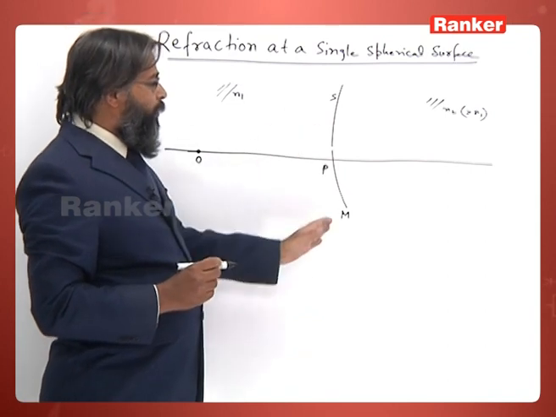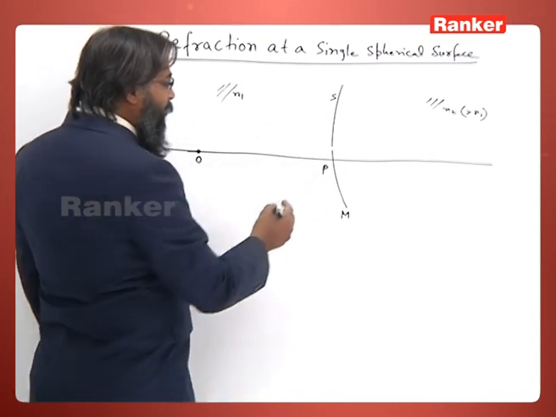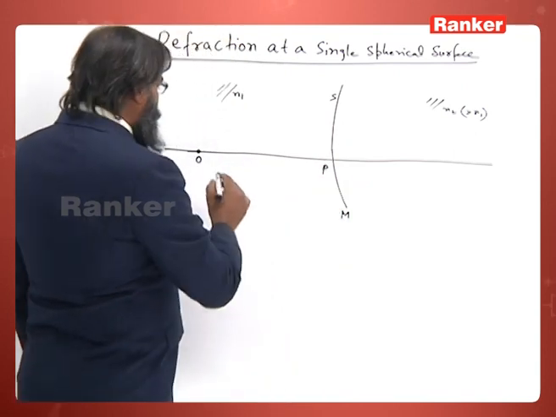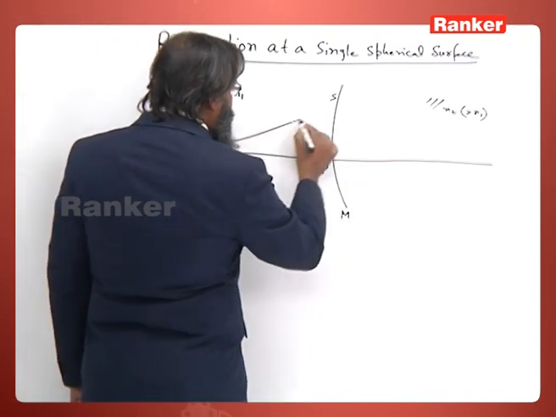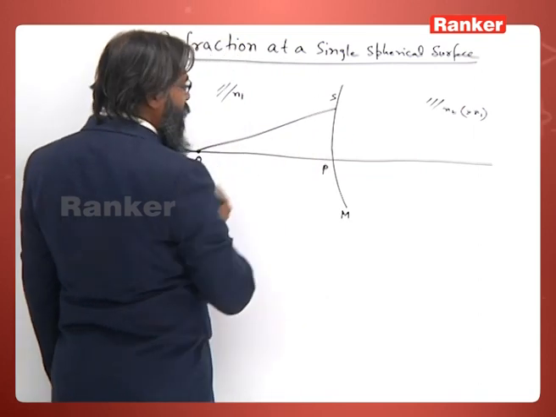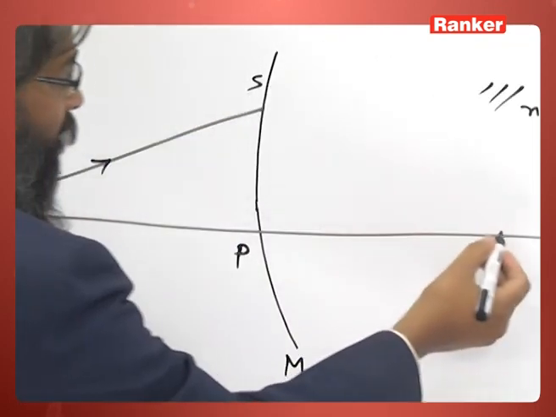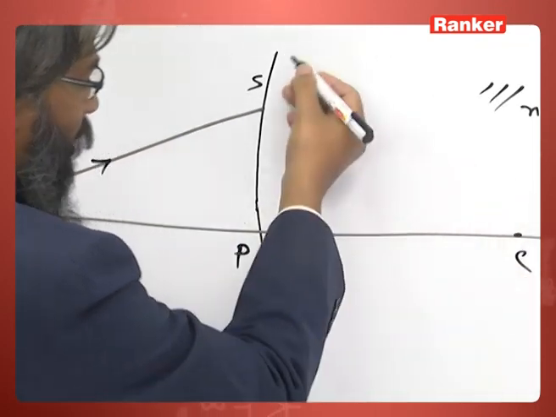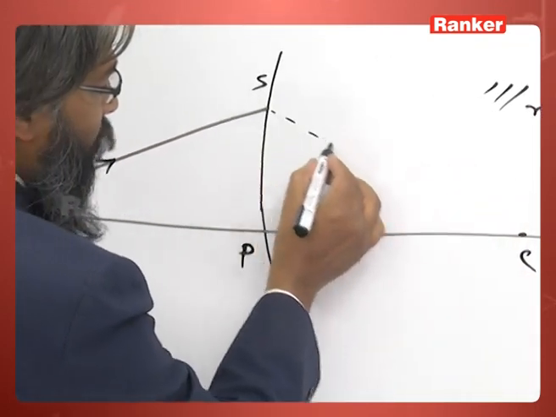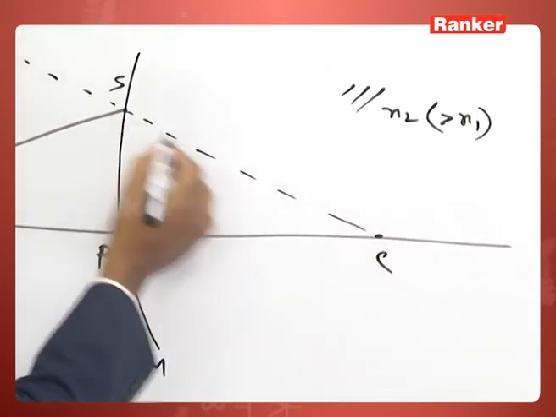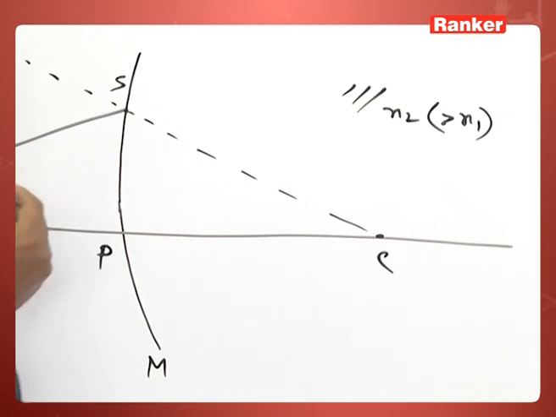That is the image formation due to this spherical surface we are going to consider. So, consider OS, a paraxial ray. This is the center of curvature of this surface. So, here you see this is the normal. If I join this point to the center of curvature, this is the normal.